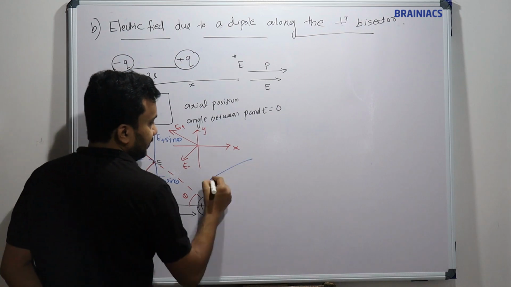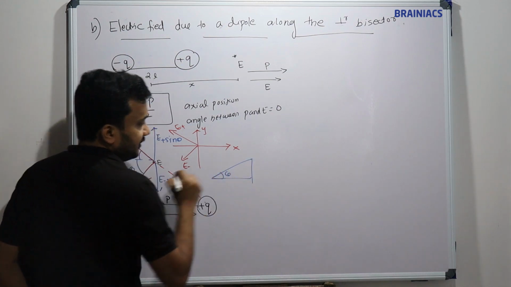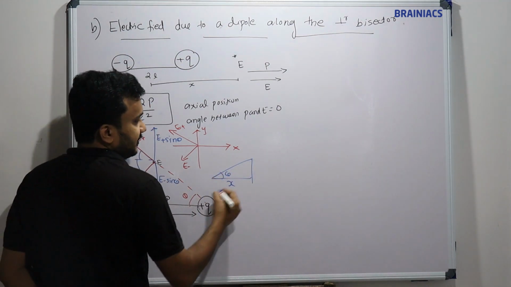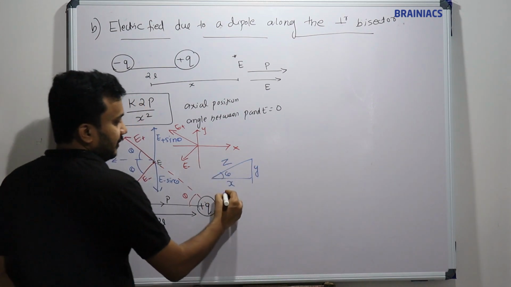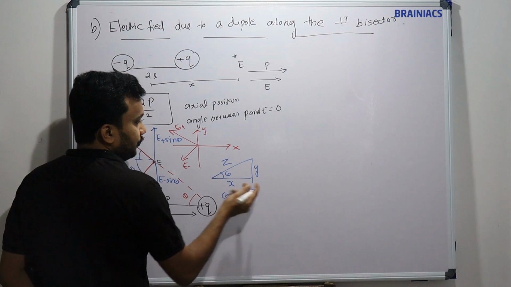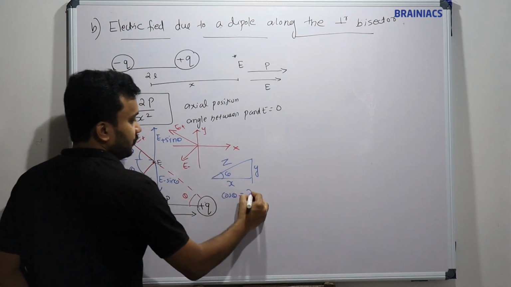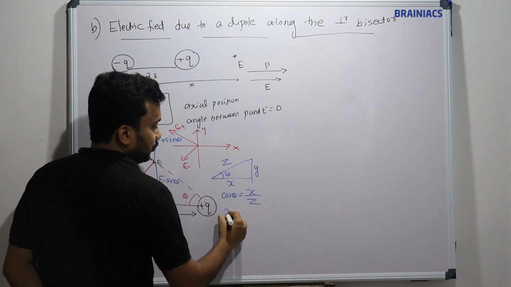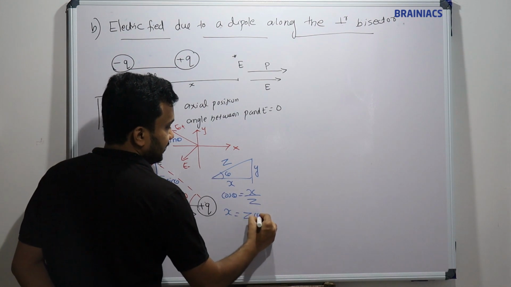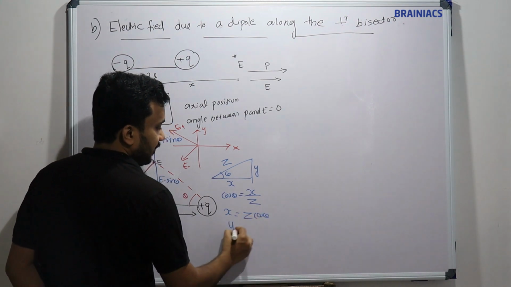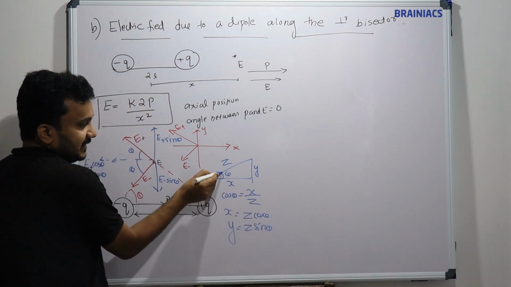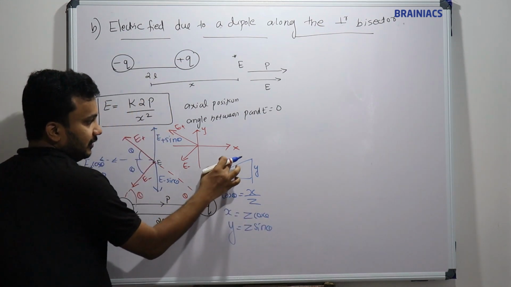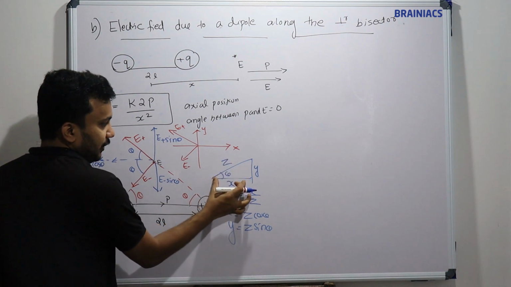I repeat it again. Last class also I told you theta is this side. If x is the adjacent side, y is the opposite side, and z is the hypotenuse, then I can write cos theta equal to adjacent side by hypotenuse, which means x by z. So x will be equal to z cos theta, and in the same way y will be equal to z sin theta, which means the side very close to theta is hypotenuse into cos theta.